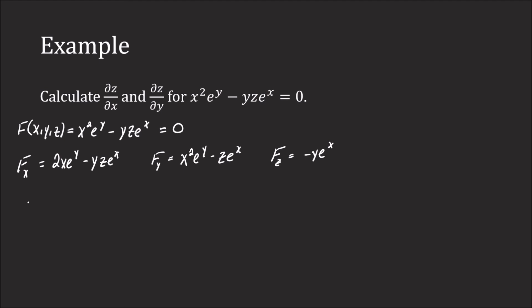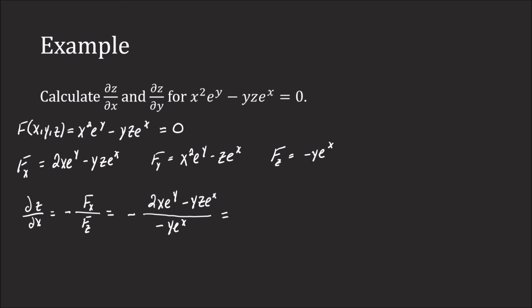So if we wanted partial z partial x, this is negative f sub x over f sub z. So we get negative 2x e to the y minus yz e to the x, all over negative y e to the x.